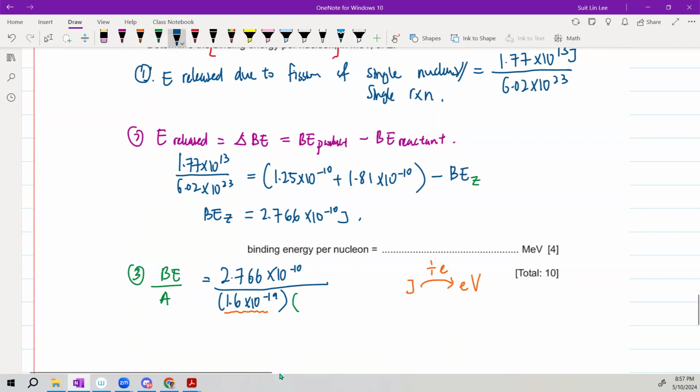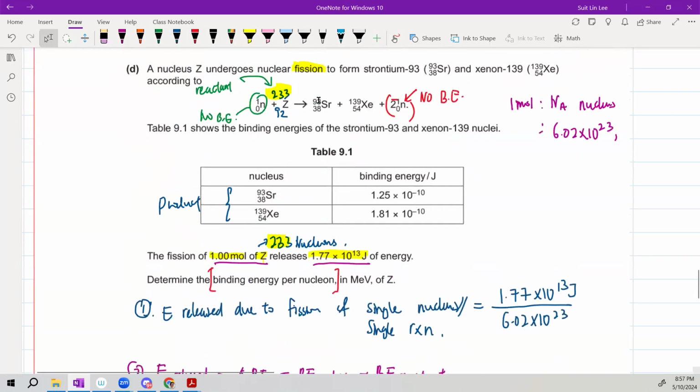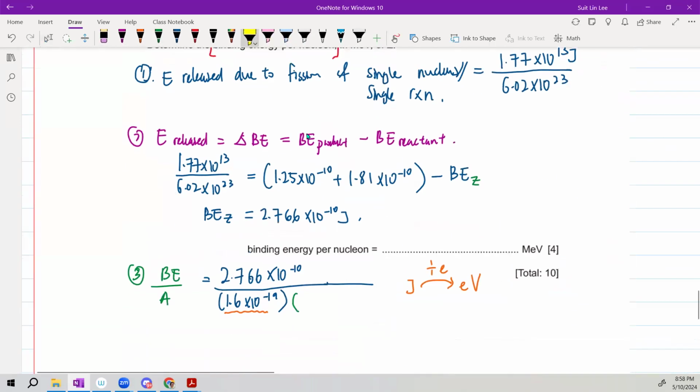Of course, since it's part of the working, I show how I got 233 in the first place, right? I took the mass number of 93 plus 139 plus 2 minus 1. Just show the working. So this will be 233.